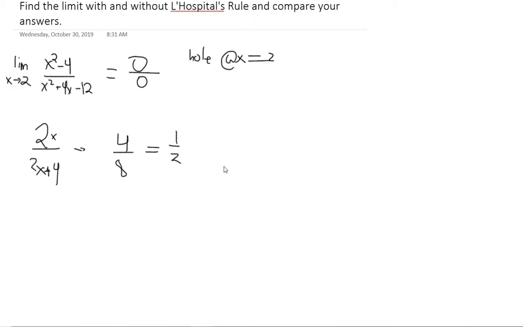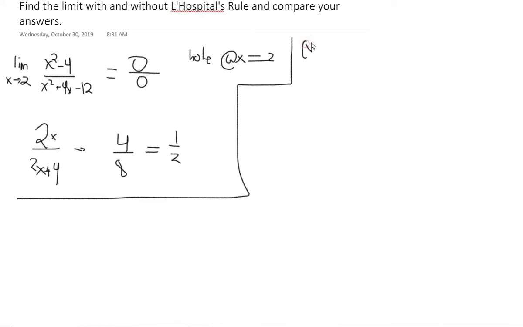Okay. Now we have the opportunity to check our answer by taking the limit without L'Hopital's rule. And if you don't know how to do this, it's very simple actually. You just factor your original limit. So x squared minus 4 can be broken up. Let me just draw a little line here so we know it's a different section.